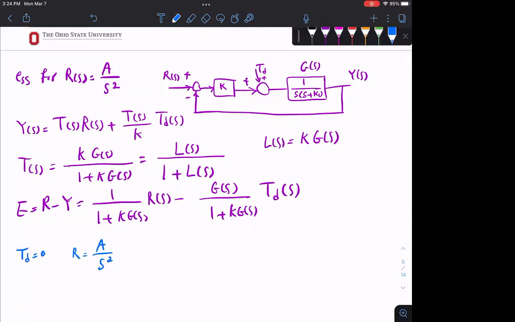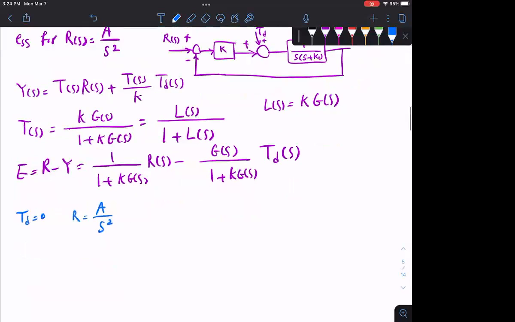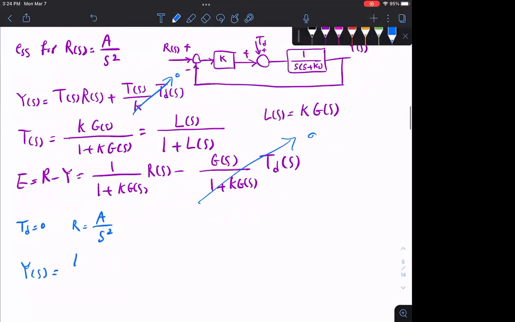All right. So let's say that if I do that, this is basically 0. So we know our Y(s), this is also 0. It is T(s) times R(s), T(s) is KG(s) over 1 plus KG(s), times R(s), right?